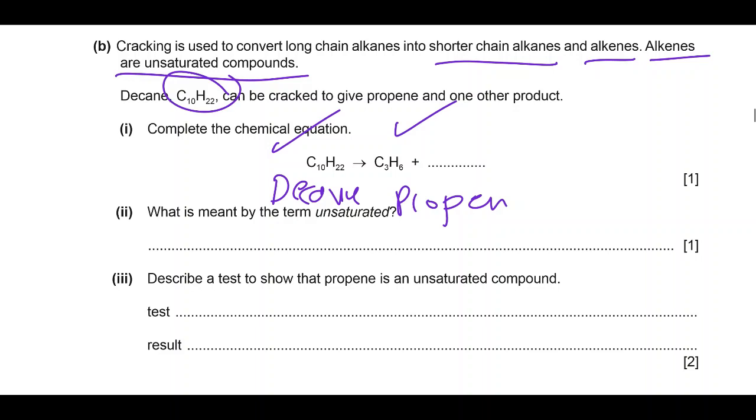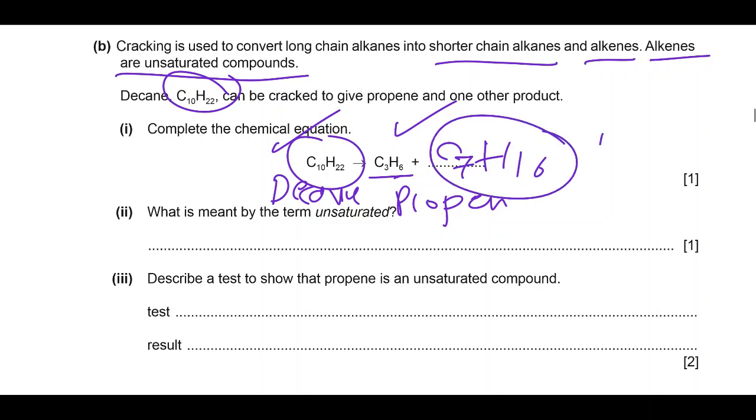The rest is the shorter chain alkane, which you find by subtracting this compound from the whole compound. So you have C7H16, which is heptane.